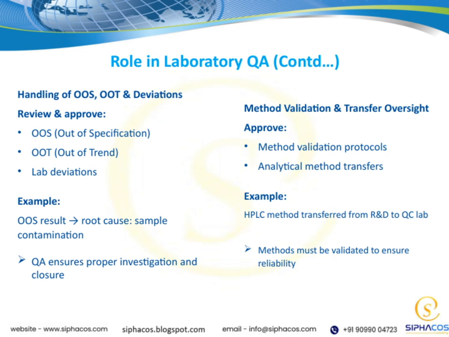In summary, QA plays a critical role in overseeing investigations related to OOS, OOT, and deviations, ensuring that each step is handled properly. This oversight helps maintain the integrity and reliability of our analytical methods, supporting overall quality and compliance.